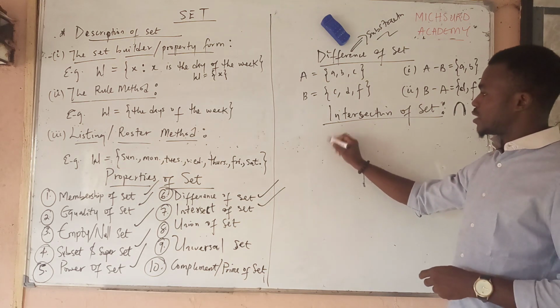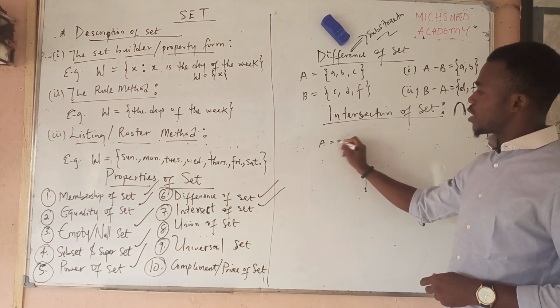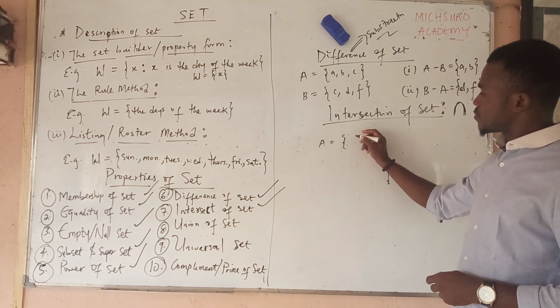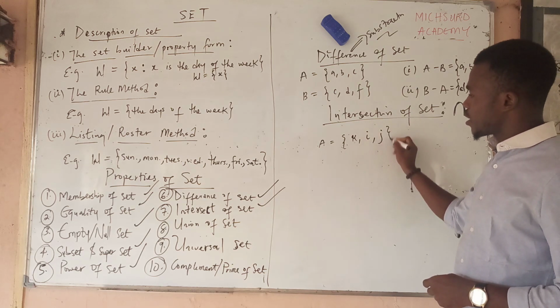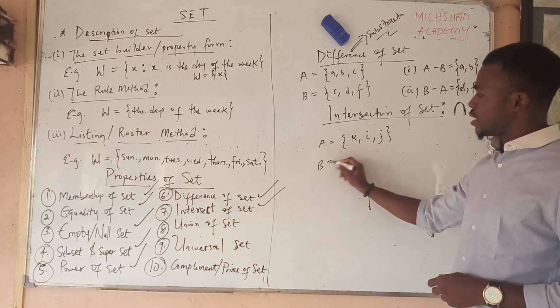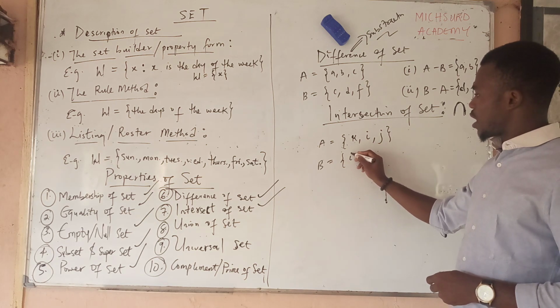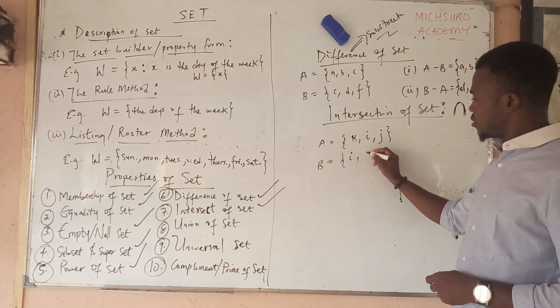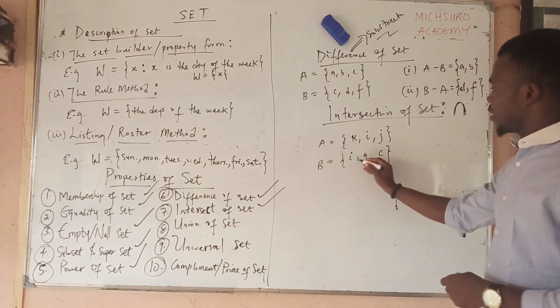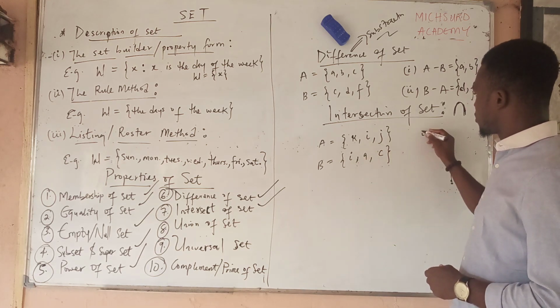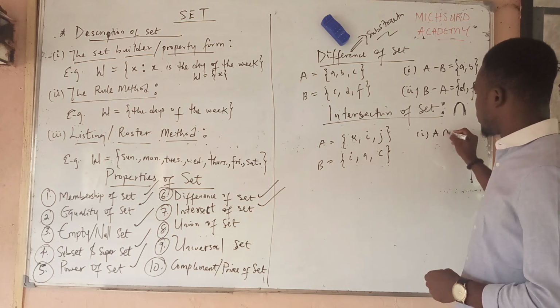So if we have that A is equal to K, I, J, and we have that B is equal to I, A, C. Okay? Now we are asked to find A intersects B.